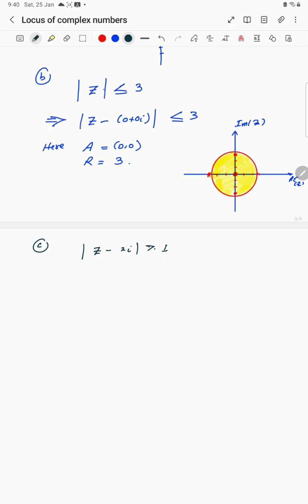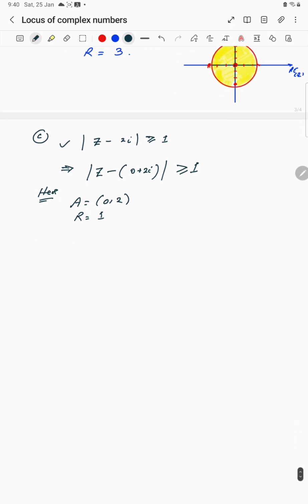So you need to write it first in terms of the center. What is the center? It will be z minus (0 + 2i). If you open the bracket, you will get back the original question, greater than or equal to 1. Here the fixed point is (0, 2) and the radius is 1. So on an Argand diagram, let's see how to plot and how to shade this.